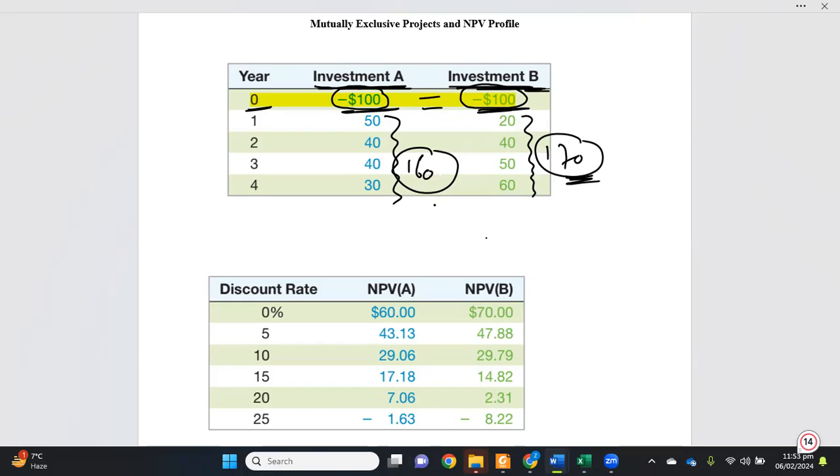Let's now calculate their NPVs. As we have seen, NPV at 0% for Project A is 60 and for B is 70.